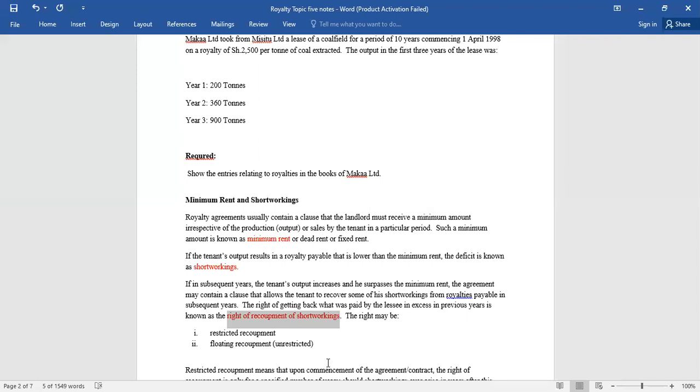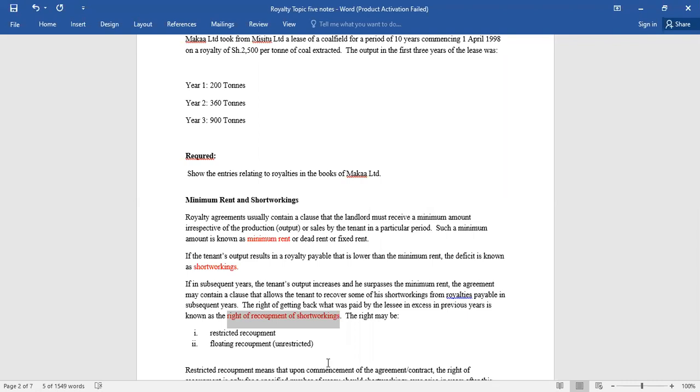That's why we are calling it restricted. There are situations where whatever you expected is different and you may get more. Because we don't want you to have abnormal profits and take advantage of the landlord or the mines that you're exploiting, they normally restrict it in the lease agreement.